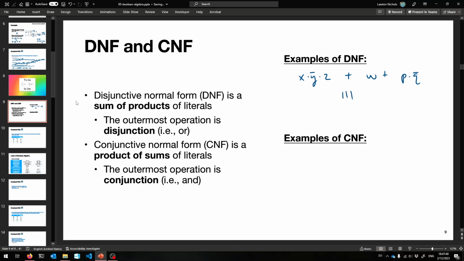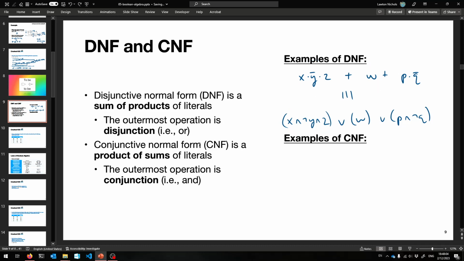And so this is, of course, equivalent to x ANDed with not y, ANDed with z, ORed with just w, ORed with p ANDed with not q. All right, so this is a sum of products. That's disjunctive normal form. Remember that these are min terms. It's a sum of min terms, essentially.